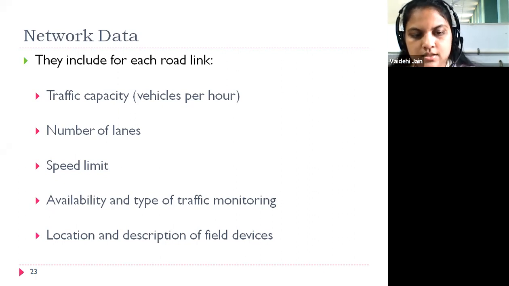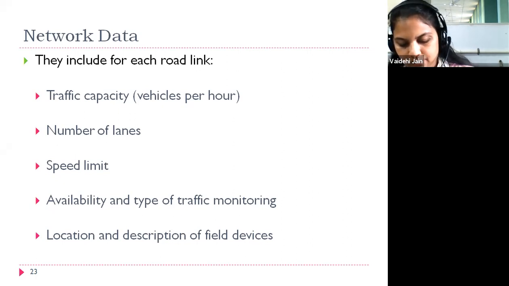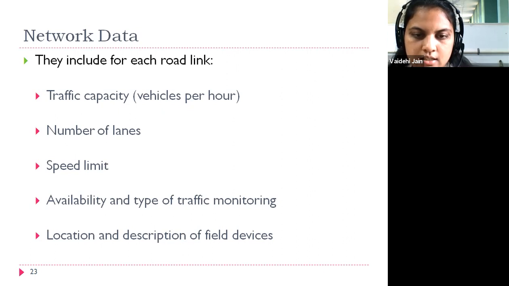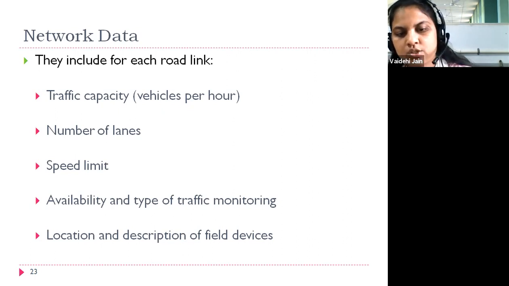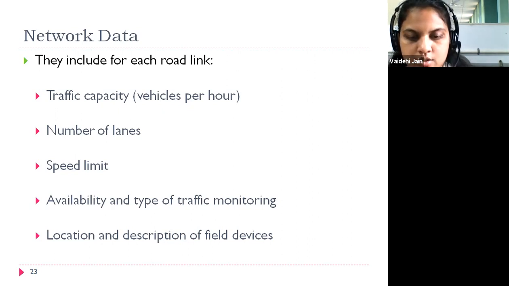And the last is the location and description of field devices. On that stretch, whatever devices are there, either roadside or on road, like markings, islands, signals, or a roundabout, this type of description or the locations of field devices is necessary to have before planning the ITS technology.